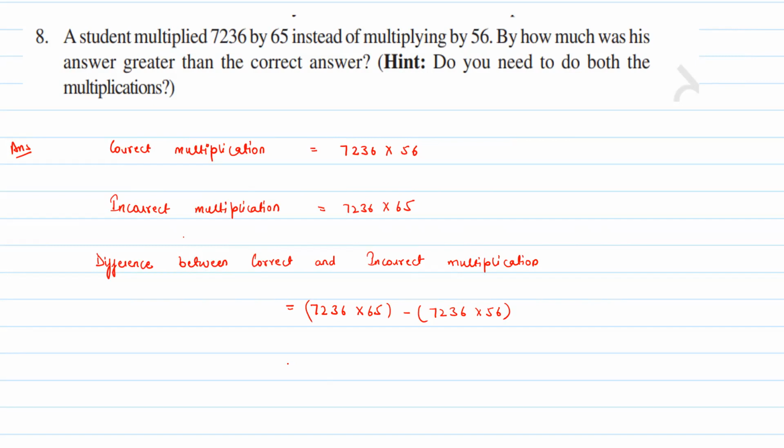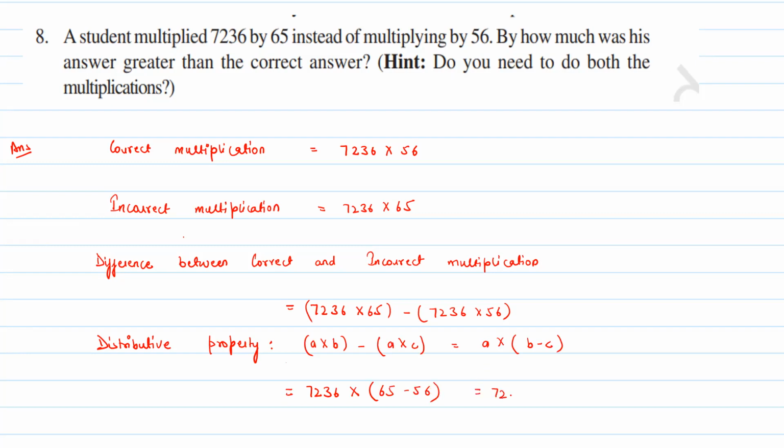So now we do not have to do the actual multiplication because here we can apply the distributive property. Distributive property says that A into B minus A into C will be equal to A into B minus C. So we will just do 7236 into 65 minus 56, which will give us 7236 multiplied by 9.